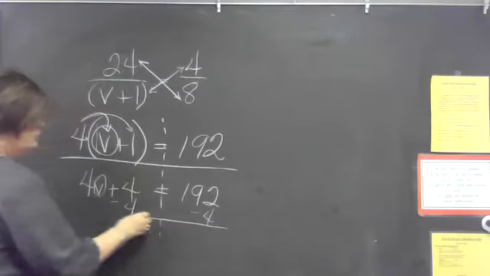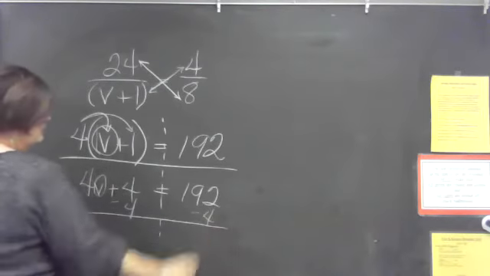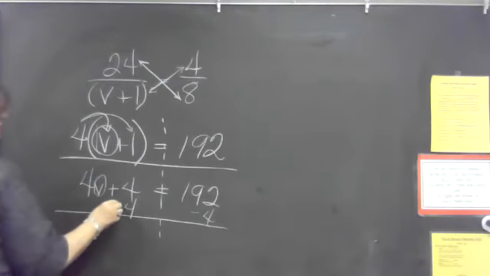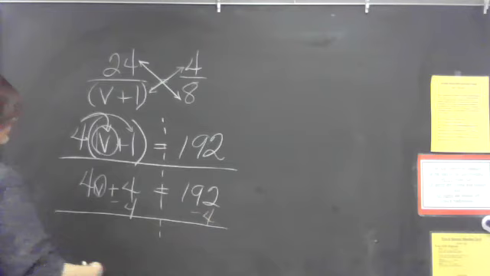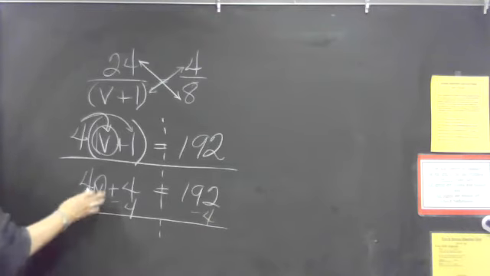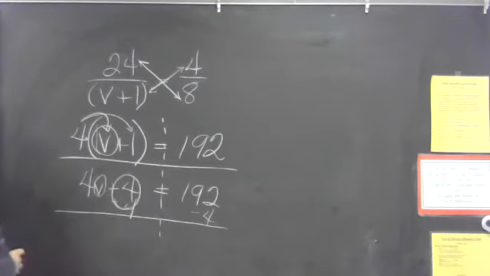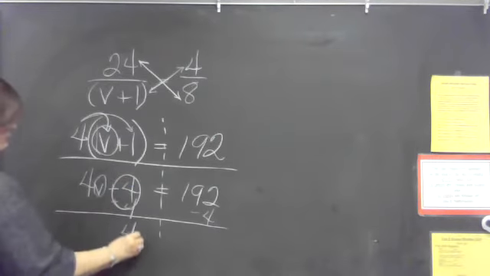I've seen too many students start to do the math over here and they forget to put it here and get the wrong answer. So make sure whatever you put on this side, immediately do that, then start to do your math. So when you have a positive and a negative of the same number, they cancel each other out. They're additive inverses. And so that's 0. So all we have left on this side is 4v.